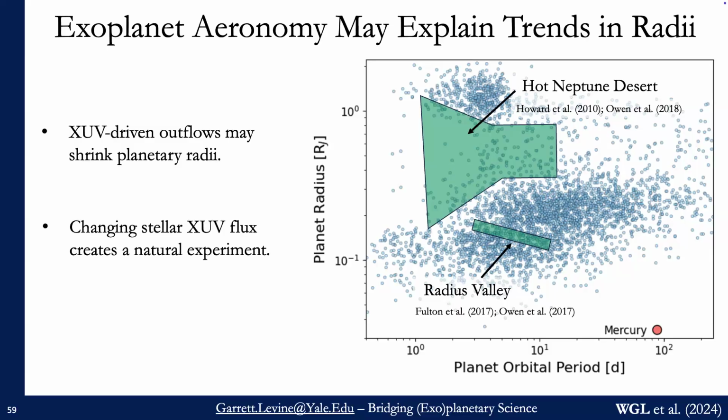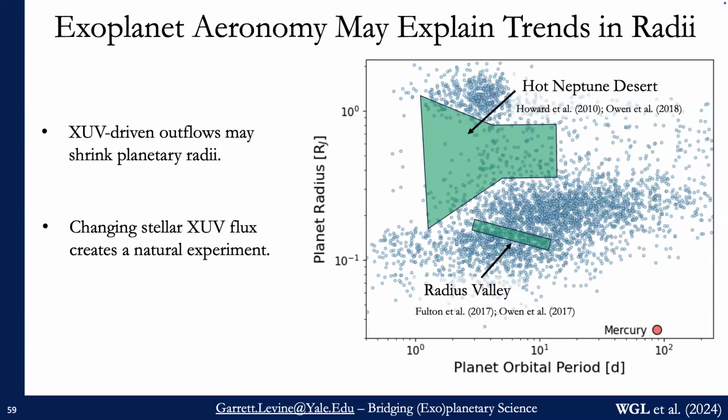This is because the changing stellar XUV provides a natural experiment for us. We can take the approach of observing a bunch of planets at one snapshot in time, but what I'm proposing is to observe an exoplanet as though it were a solar system object, in detail through time. The star is going to change in XUV for us, which keeps the planetary parameters constant but changes the input energy flux.